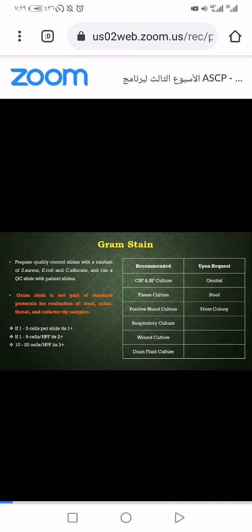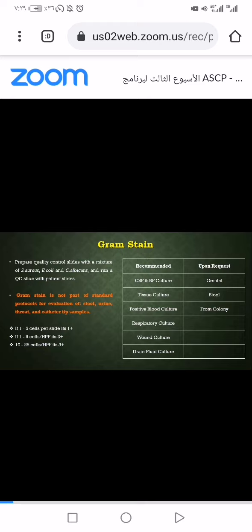Leave the patient slide. Go to a Staph aureus plate, from any other patient. Just pick a colony of Staph aureus, put it in saline, pick another plate of E. coli, pick a colony, also put it in the same saline with the Staph aureus, and we also get Candida albicans and put it in the same saline.